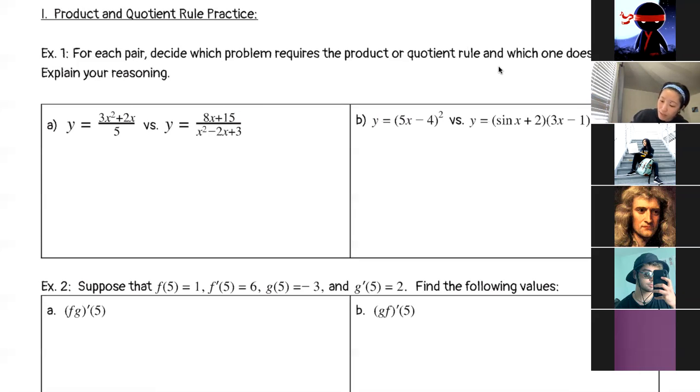If you think the one in yellow needs the quotient rule, type yellow. If you think the one highlighted in pink needs the quotient rule, type pink. In about 20 seconds, type your answer into the chat.